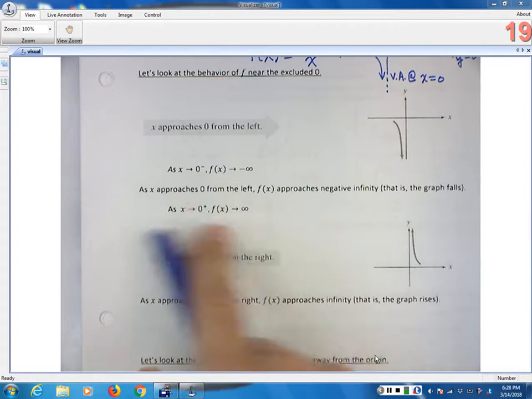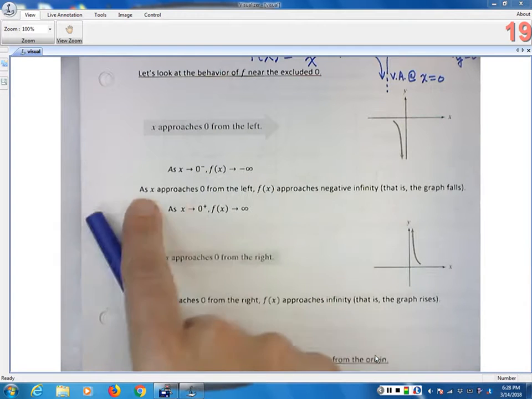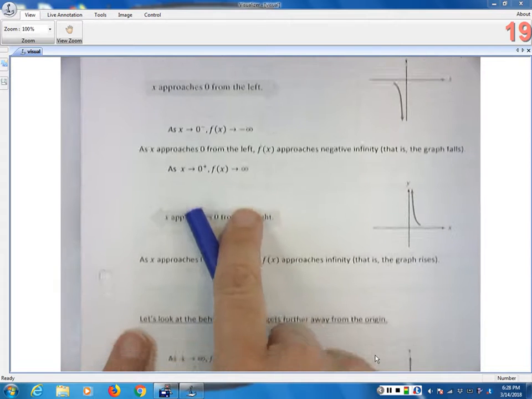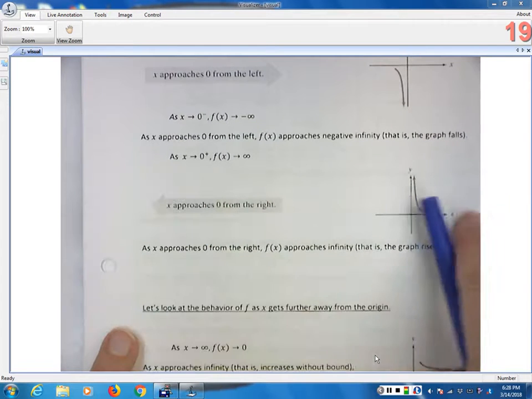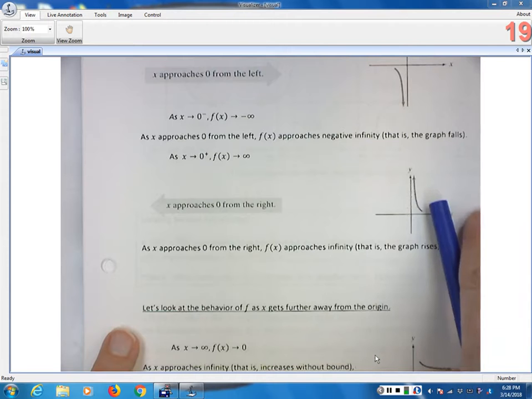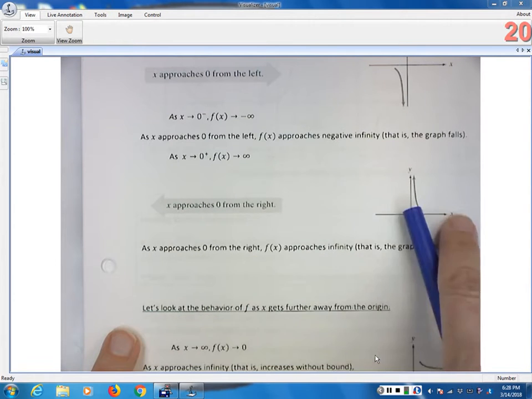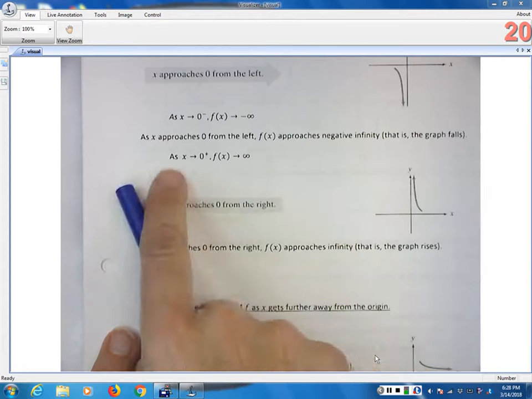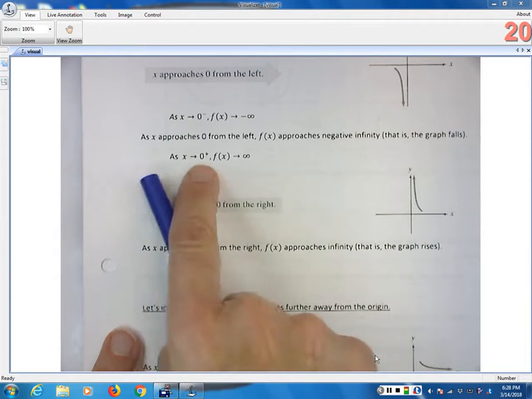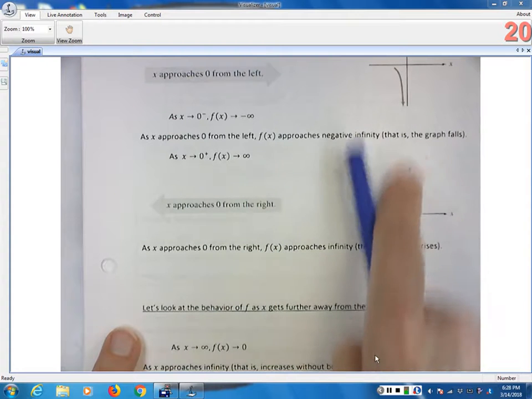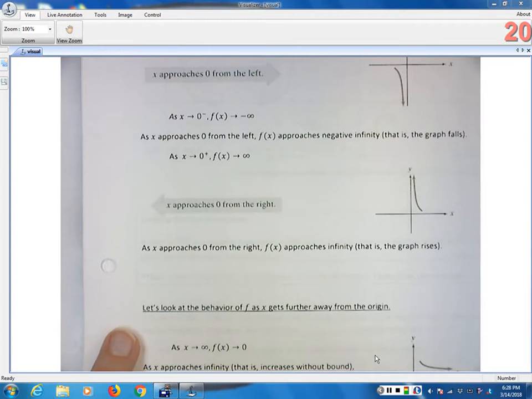So, this is what that means. Here's the word. That is, the graph falls. Okay? If we look at it as x approaches 0 from the right, here's the symbols. x approaches 0, and there's a plus sign up here, that means from the right. Then f of x is going to positive infinity. And you're going to find out that's the definition of an asymptote.